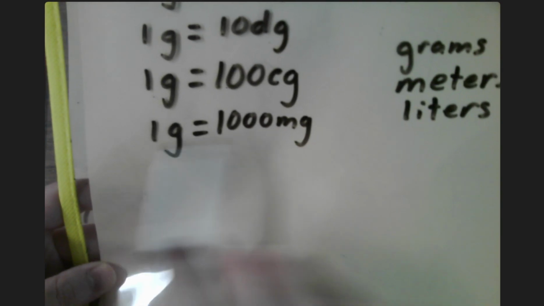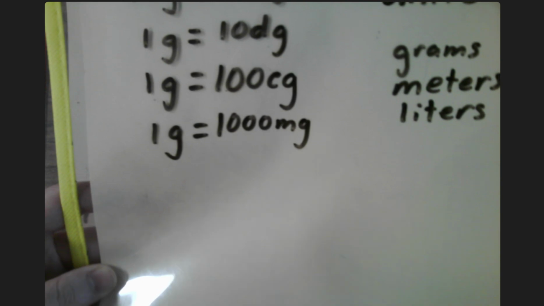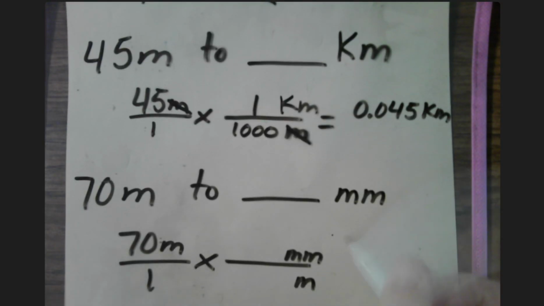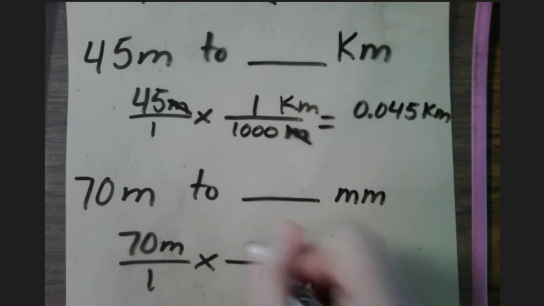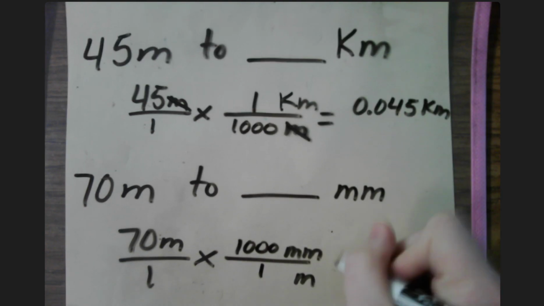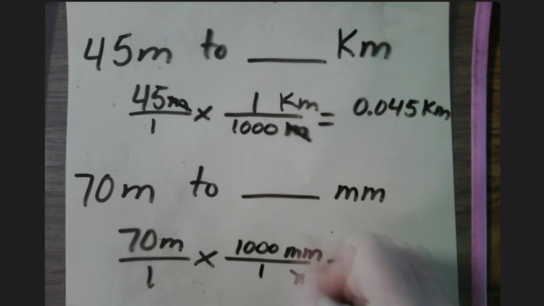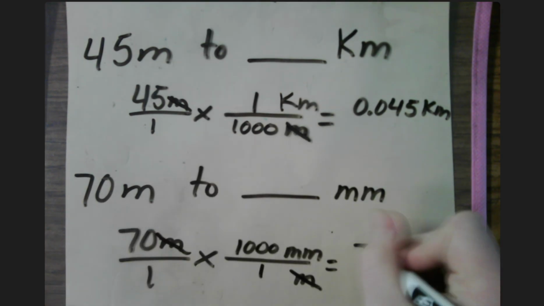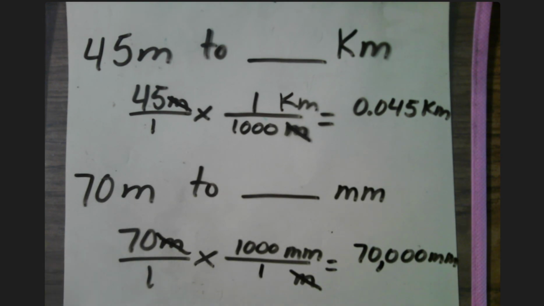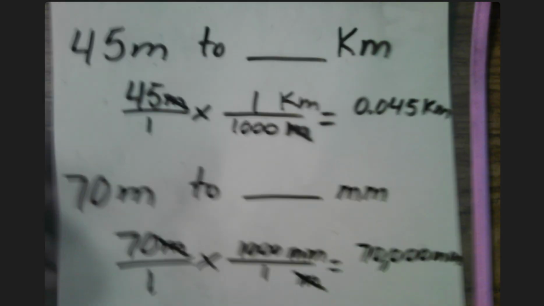So 1 meter is equal to 1,000 millimeters. Then we just multiply. Cancel those out. 70,000 millimeters.